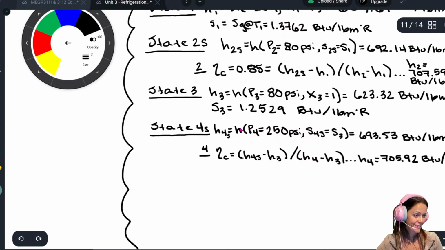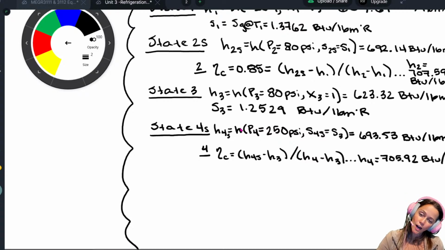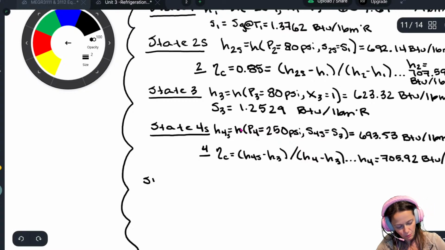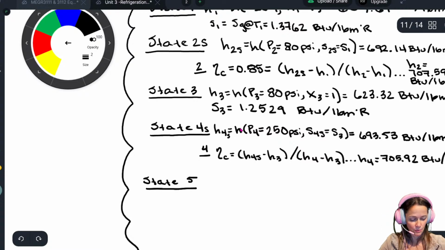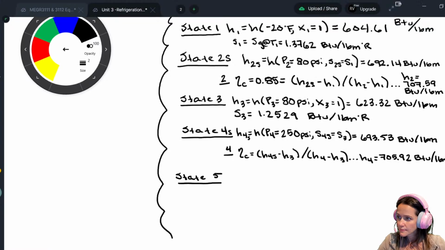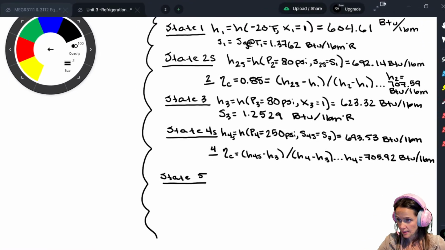Perfect. Okay, state 5. I think the rest of them are going to be pretty straightforward because we have some throttling processes coming up. It really shouldn't be too bad. Make sure you can see that.